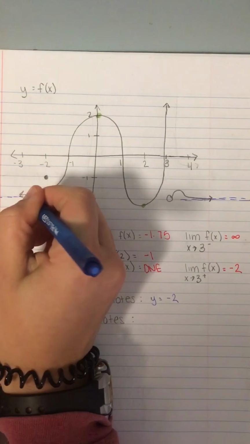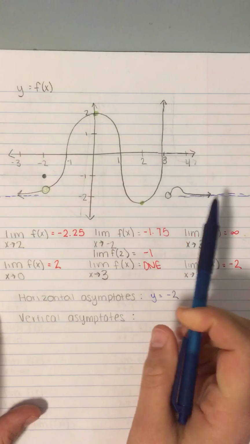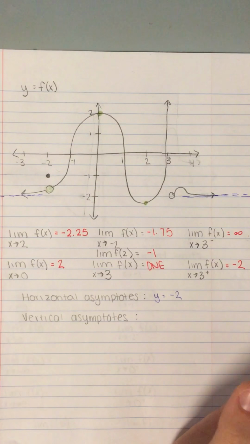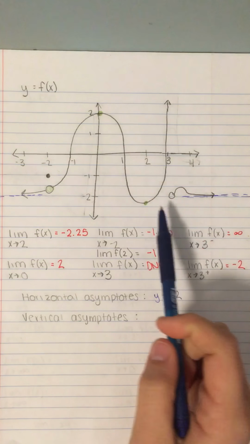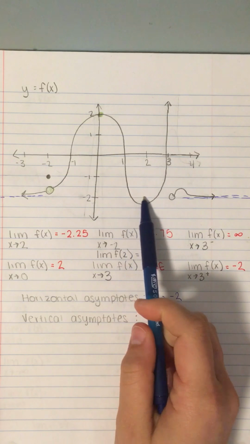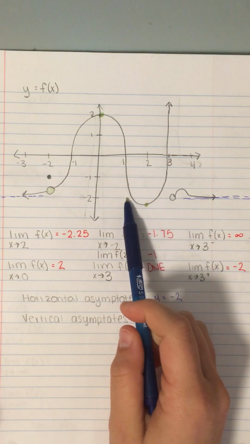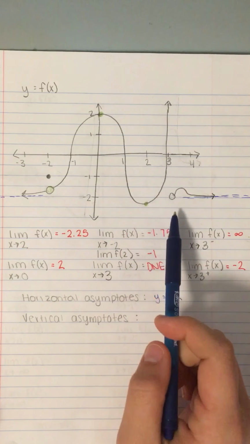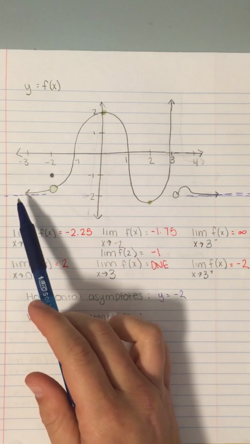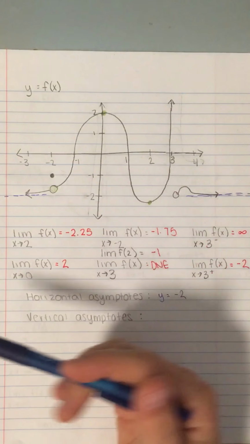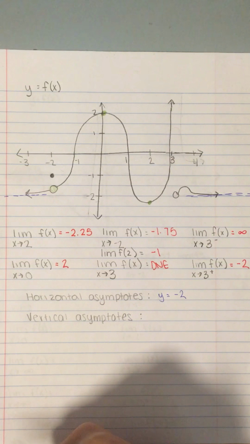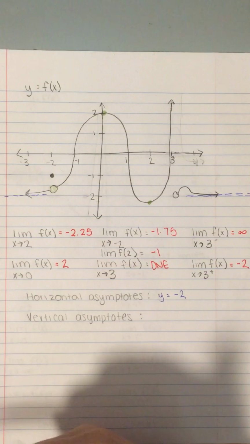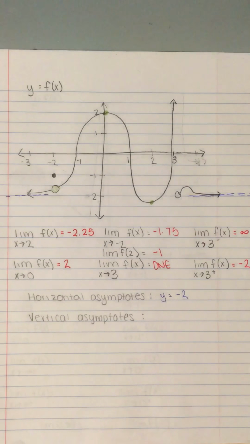So we're also going to make it on this side. But since a function can cross over a horizontal asymptote, you can see here that this horizontal asymptote has been crossed over in this function right here. But on this side, it is not crossed over, and it is approaching negative 2. So that's what the horizontal asymptote is. It's just an imaginary line that the function approaches as it goes off.